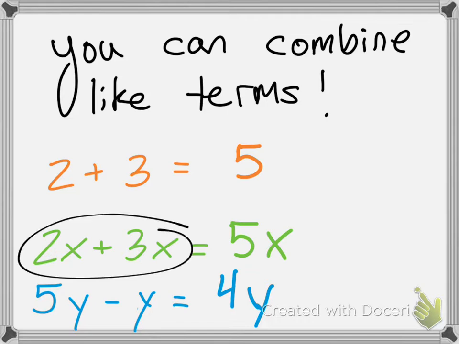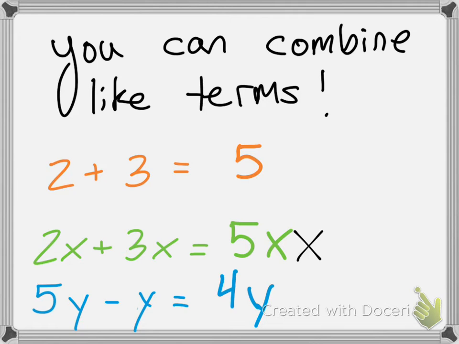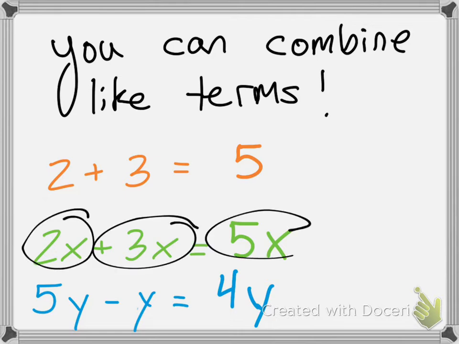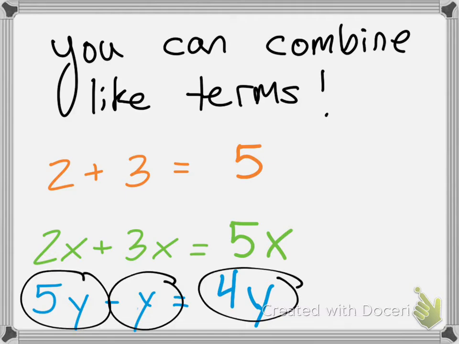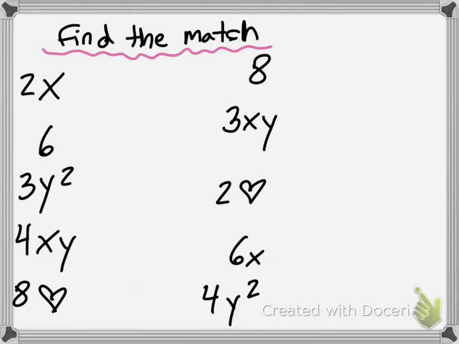Just like this one right here, 2x plus 3x does not equal 5xx. Think about what the variable is saying. This is 2 apples plus 3 apples equals 5 apples. This is 5 oranges minus 1 orange is 4 oranges. So we see that exactly.